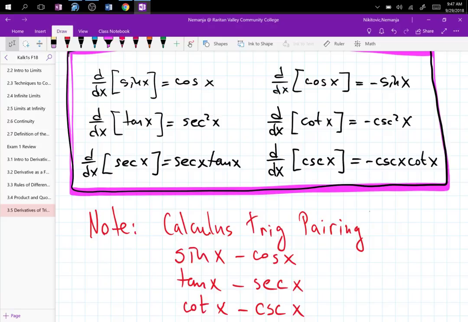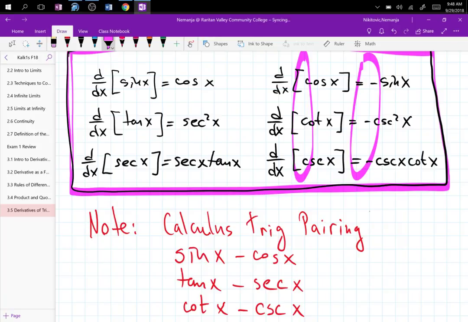The next, if you look left and right, those answers look the same. Sine into cosine, cosine into negative sine. Then you have tangent secant squared, cotangent cosecant squared, and then secant and cosecant both have the 2, secant tangent, cosecant cotangent. All of those that start with co are all negative.